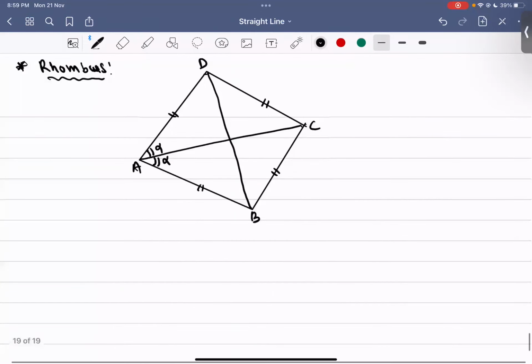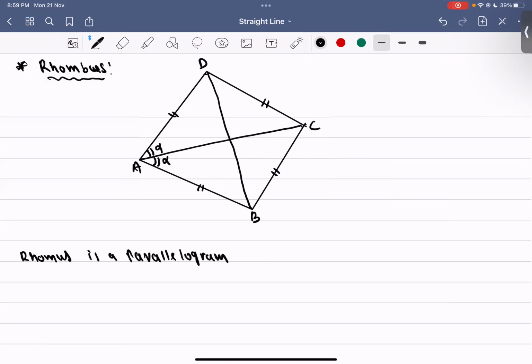So I'll write: a rhombus is a parallelogram in which all the sides are equal.